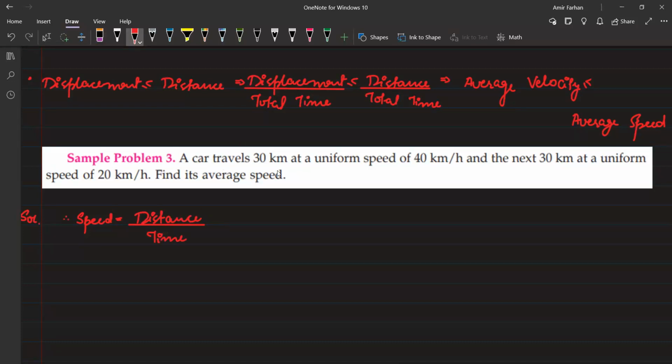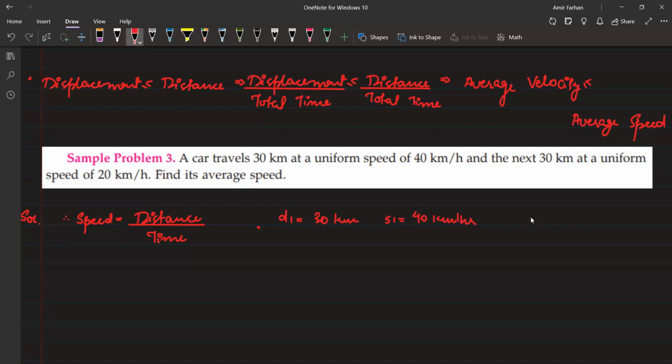I am going to denote this as distance 1 and this is speed 1, and this as distance 2 and speed 2. So D1, distance 1, is 30 kilometer, and speed 1 will be 40 kilometer per hour.